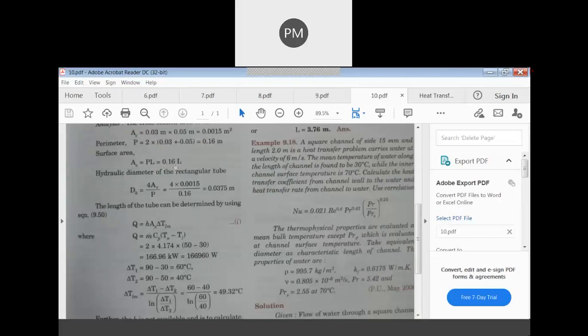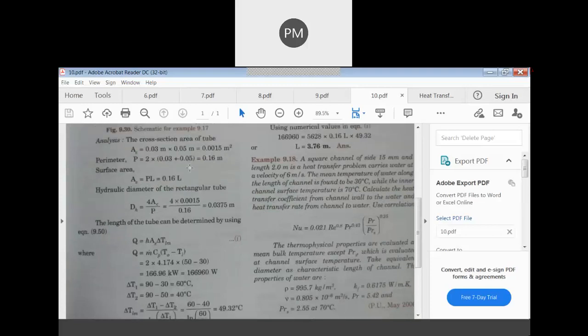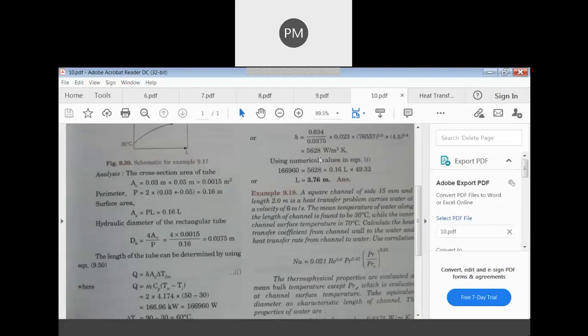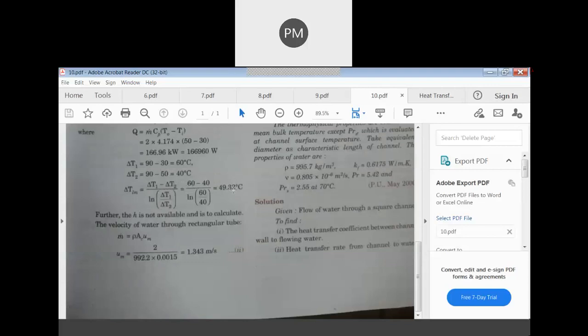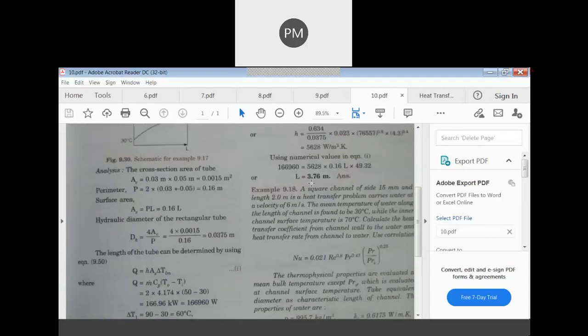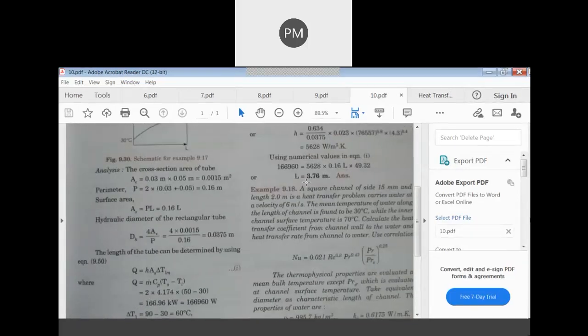The perimeter was obtained here, 0.16, into length L, which is what we need to calculate. Then the log mean temperature difference, obtained here as 49.32. Substitute, and you are going to get the value of length, 3.76 meters.